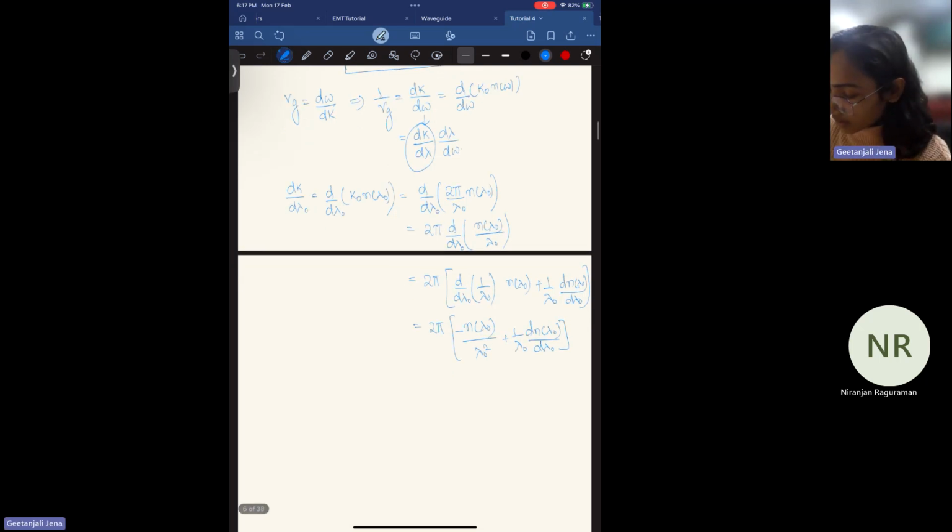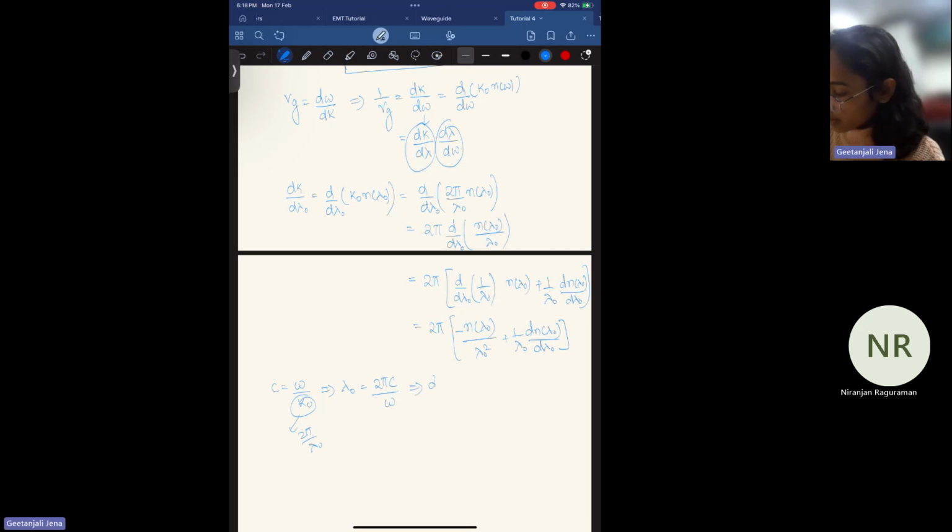And for d lambda by d omega, we have c equal to omega by k0. Put k0 as 2 pi over lambda 0. So lambda 0 you can calculate as 2 pi c by omega.